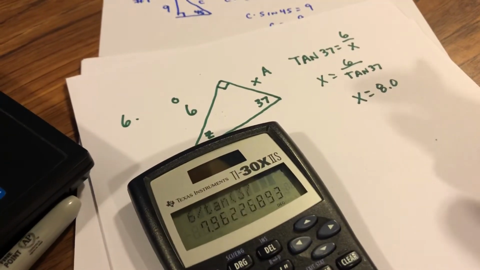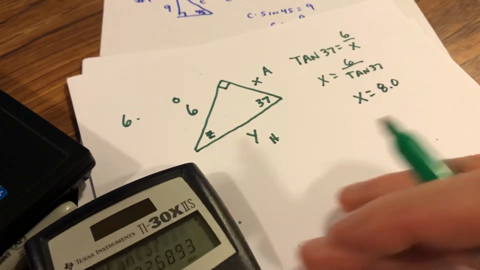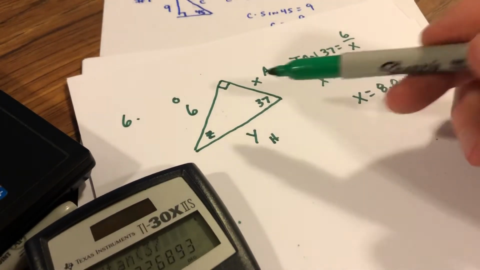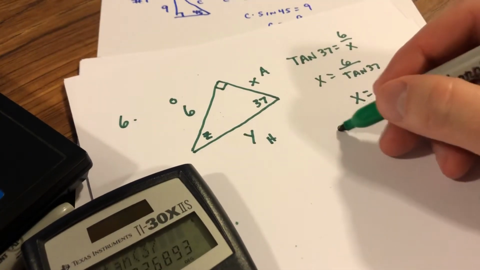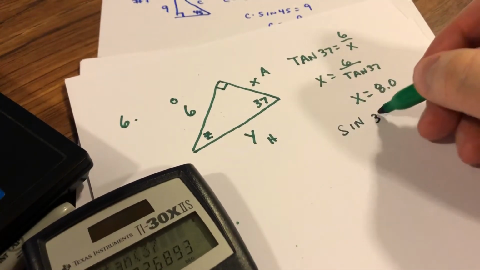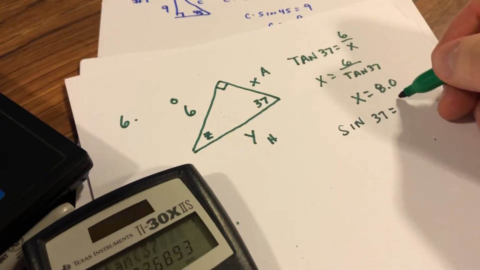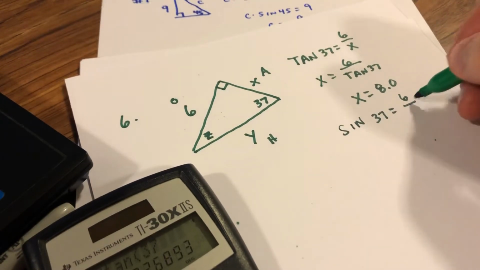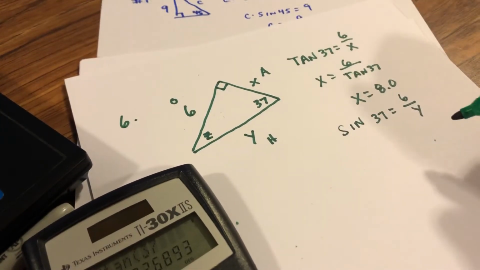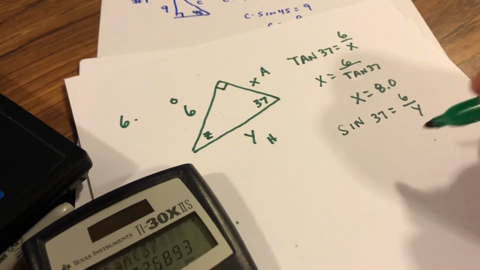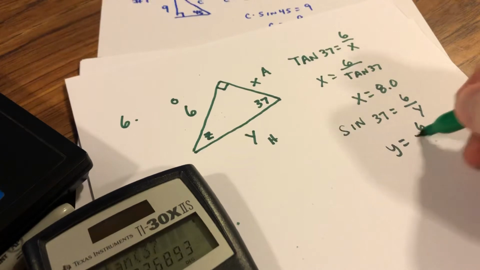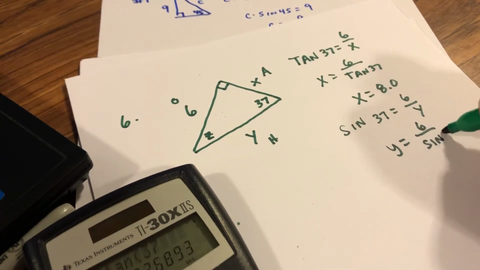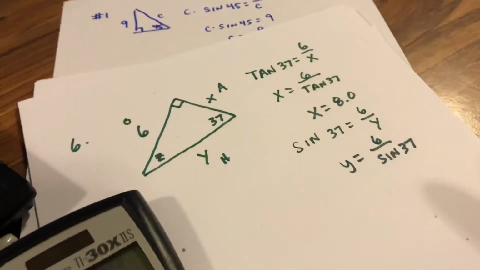for my length there. Then if I want to find y, I'm going to use the opposite and the hypotenuse. So for that, I'm going to do the sine of 37 equals the opposite over the hypotenuse. So in this case, again, the variable is on the bottom, so I'm going to do 6 divided by the sine of 37.